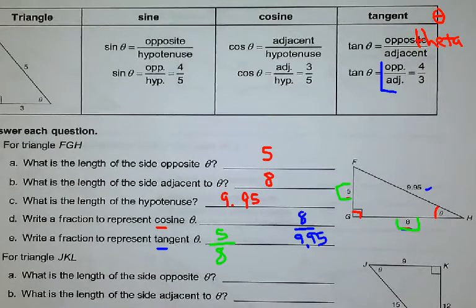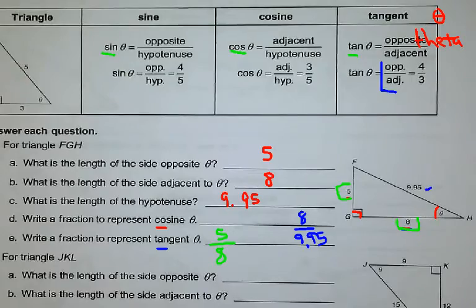That's the deal. Every time you find one, you're going to be using the side lengths that they give you, and you always want to do what they ask for. If they ask for sine, it's opposite over hypotenuse. If they ask for cosine, it's the adjacent side over the hypotenuse. And if they ask for tangent, it is the opposite over the adjacent.